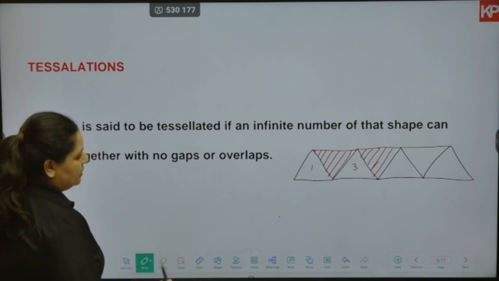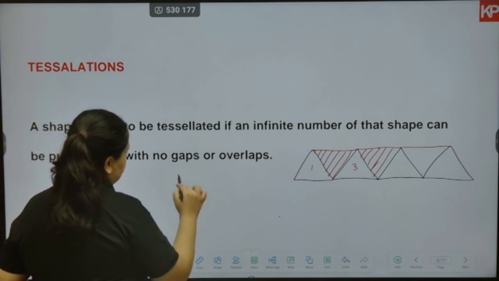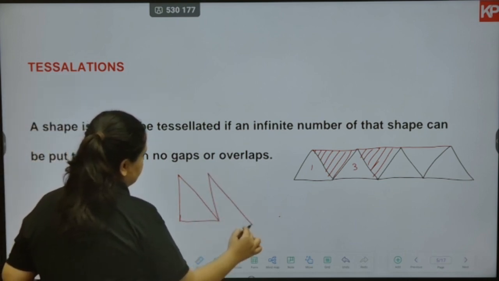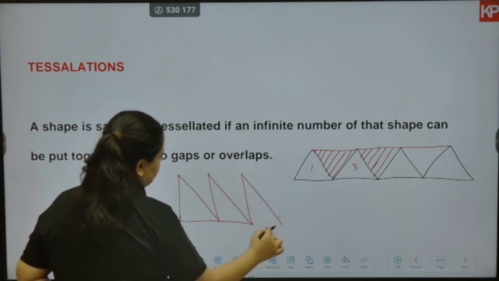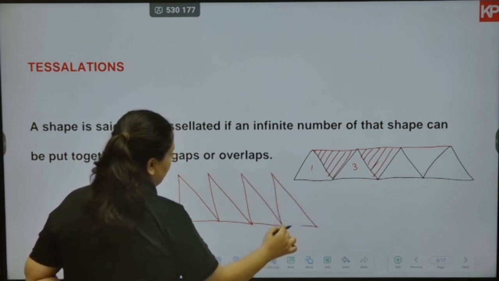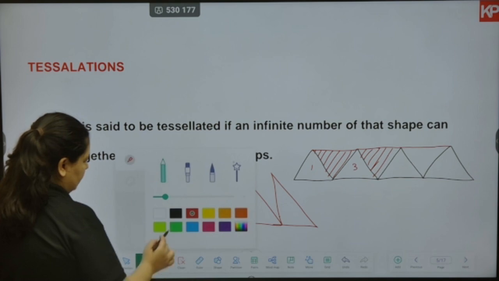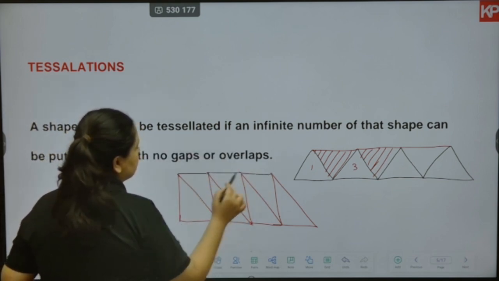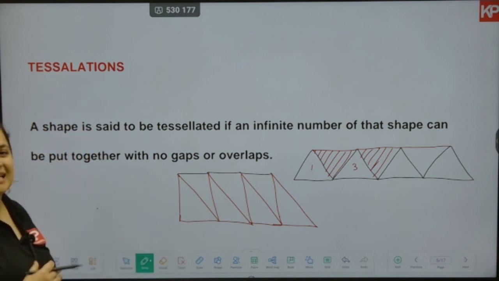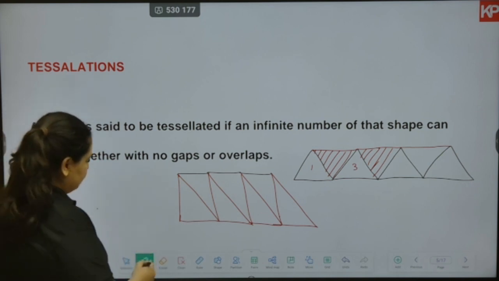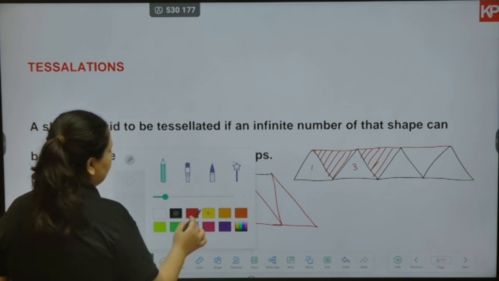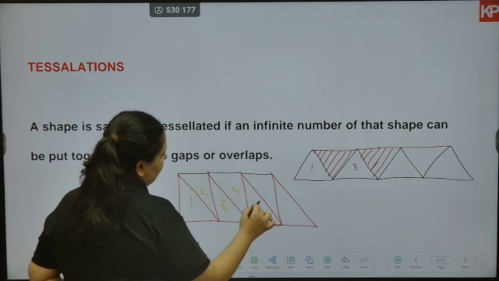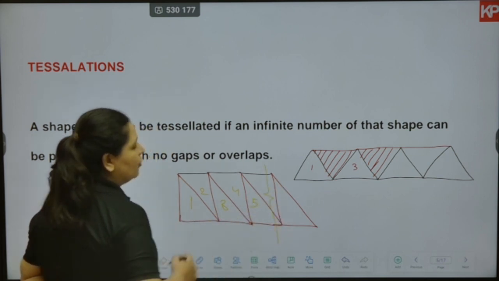Now let us check with another example. Let's take a different triangle, and let's check whether it tessellates or not. If I keep on drawing these triangles and then add inverted triangles to this, again we will see that it is coming up with a very seamless pattern. So this is triangle 1, 2, 3, 4, 5 and so on. This can continue for infinity.